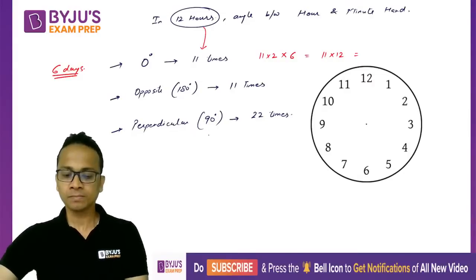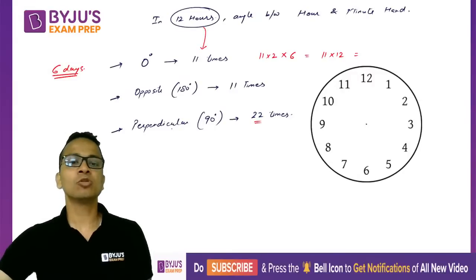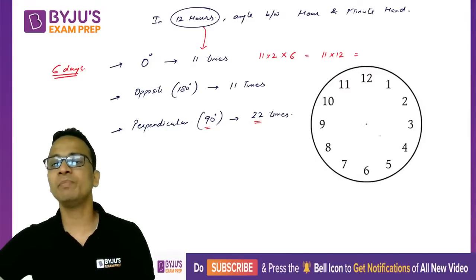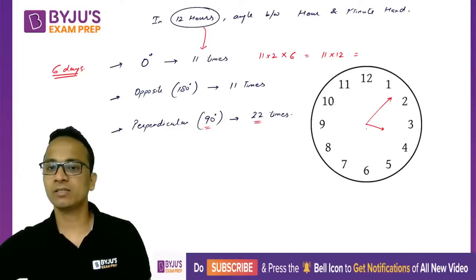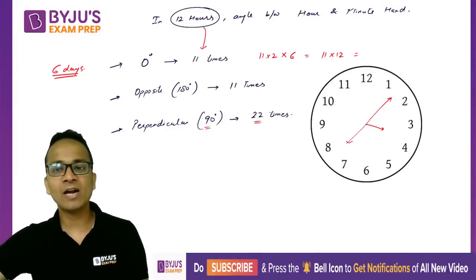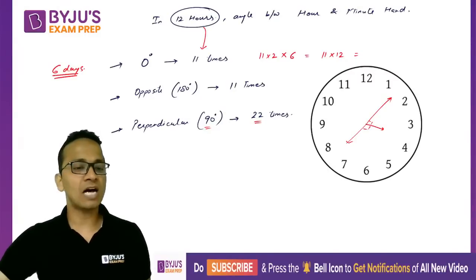Okay. Fine. Okay, Muskan, you are asking me to explain how 22. So Muskan, perpendicular is 90 degrees. So generally in 1 hour, let's say between 3 and 4 o'clock, this angle will be made twice. First case when the minute hand will be before the hour hand, and second case when the minute hand will be after the hour hand.